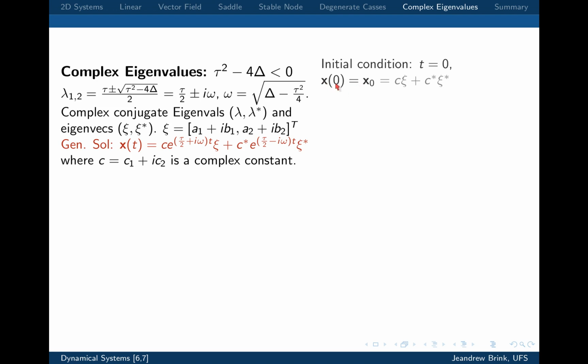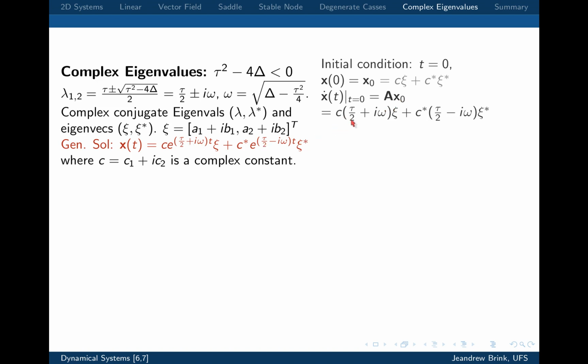At t equals 0, x0, this is a vector, is equal to c times xi plus c star times xi star. We also have that at t equals 0, x dot is equal to A times x0, and if I write that out, I simply take the derivative of this expression.